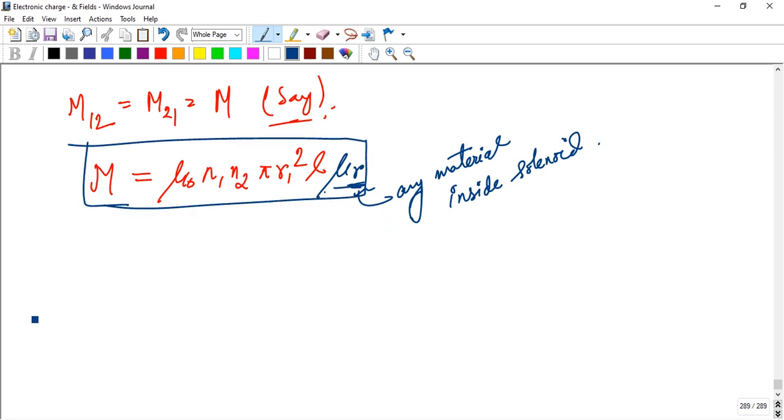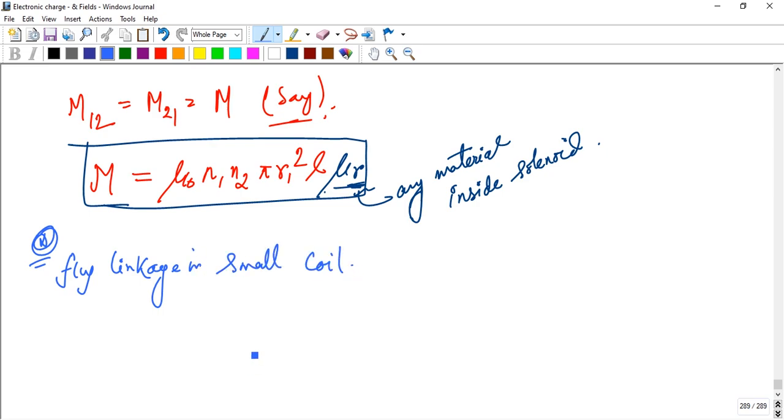Suppose now it changes here for mutual inductance. So calculate the flux linkage in the small coil. We know what self inductance and mutual inductance are, and both are present here.